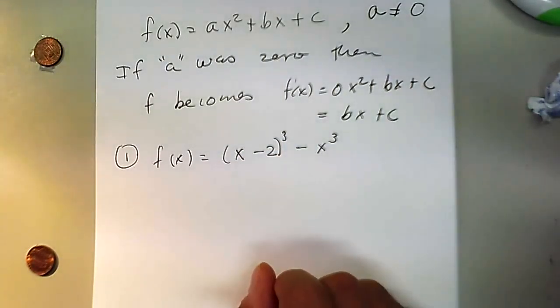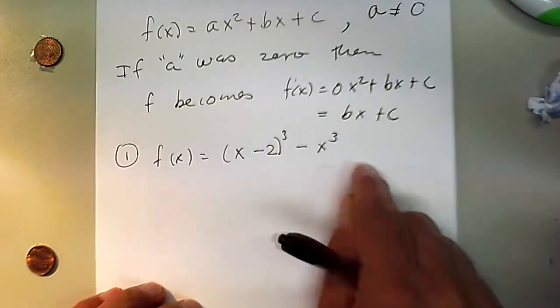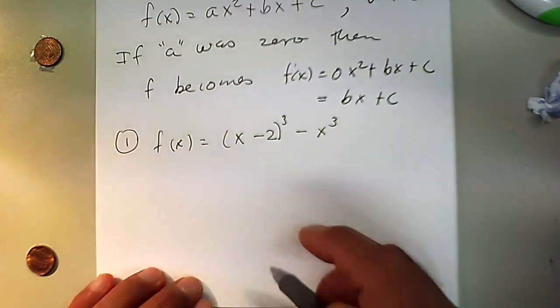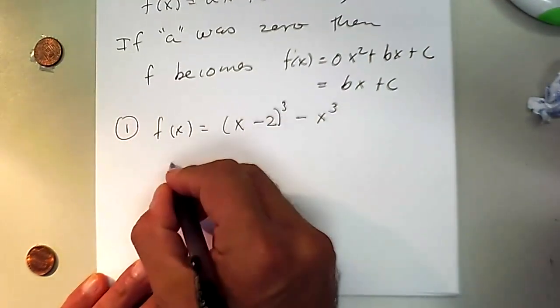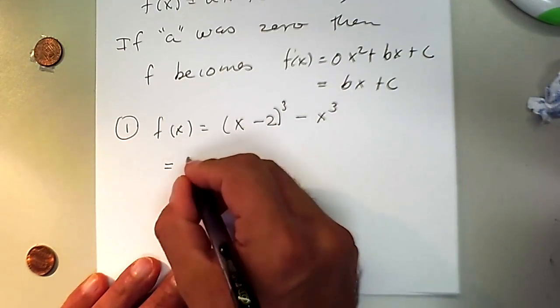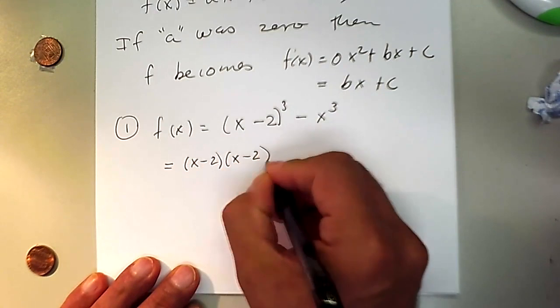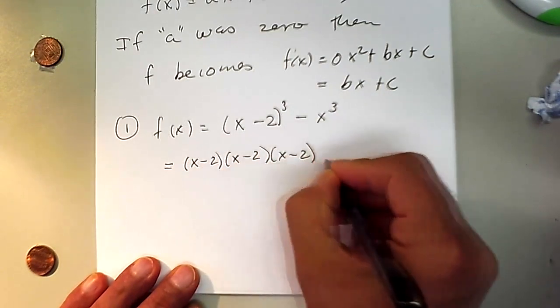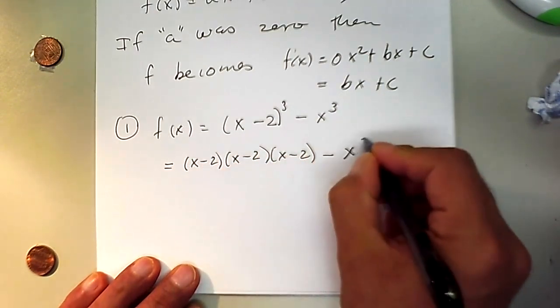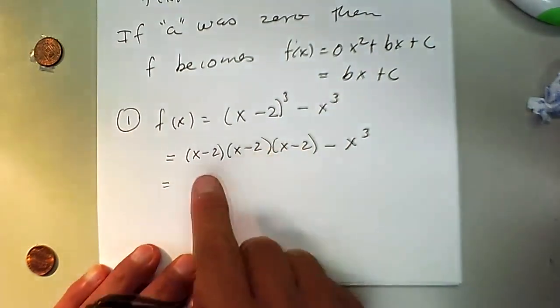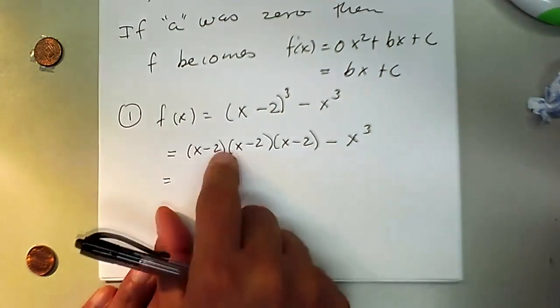This function is not cubic, because when we fold this out, remember how we do that: x minus 2 times x minus 2 times x minus 2 minus x cubed. I'm not going to go through every little step.